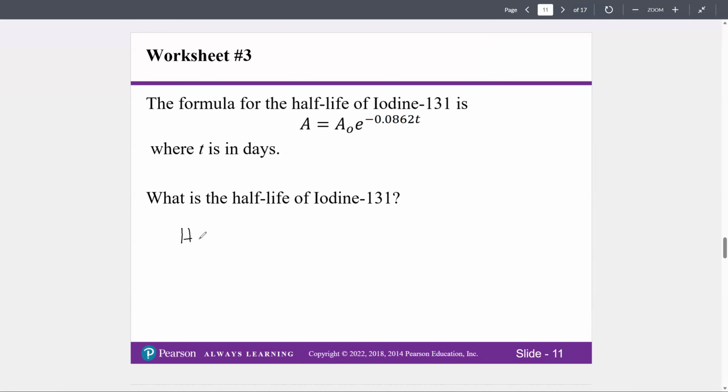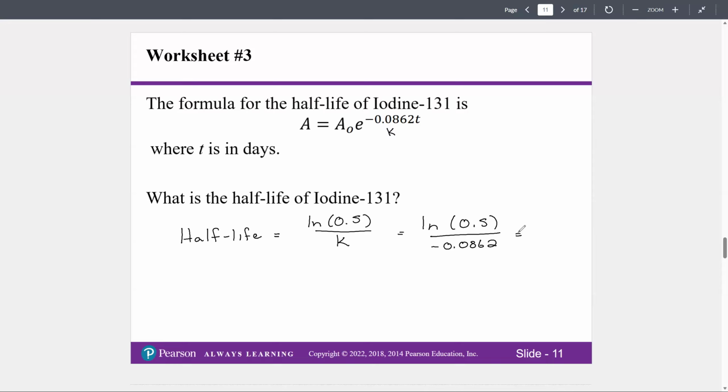So like we said, if we want to find half-life, it is just going to be the natural log of 0.5 divided by K. So here my K is negative 0.0862. So the natural log of 0.5 divided by negative 0.0862. I think I mixed up the digits last time.